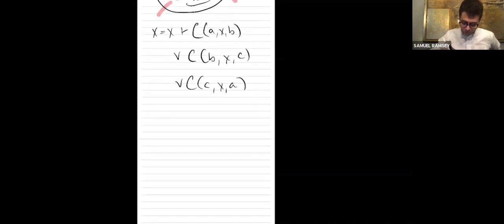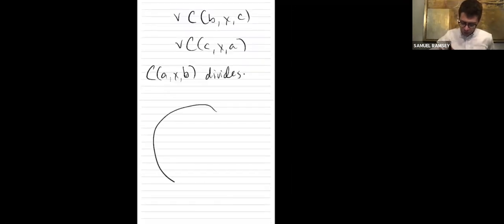And also C, AB divides. Why? Well, you can check that if I look at the circle, this A and this B will have the same type as this, let's call it A0, B0. Maybe I should label them with color, so this one's red and this one's blue.